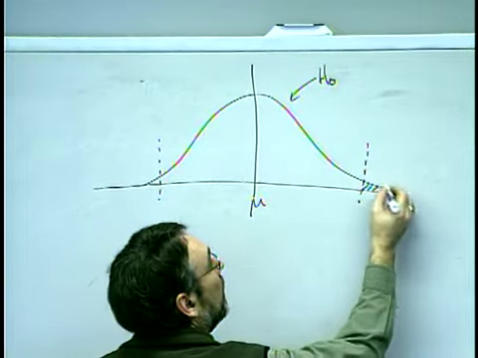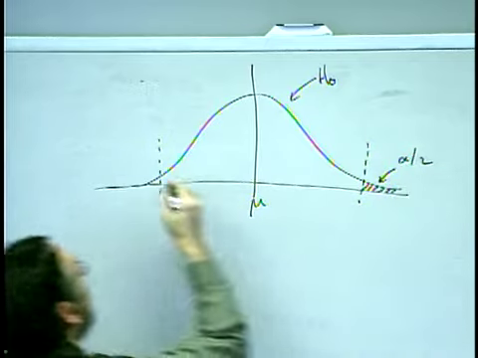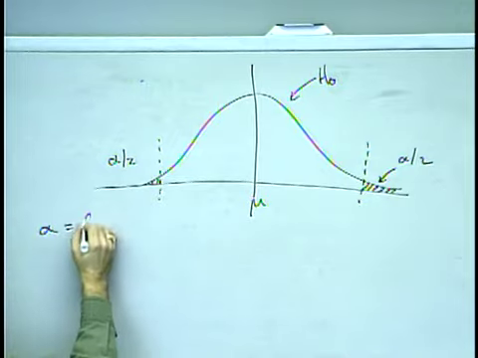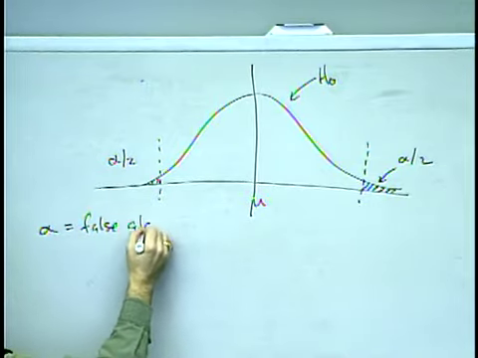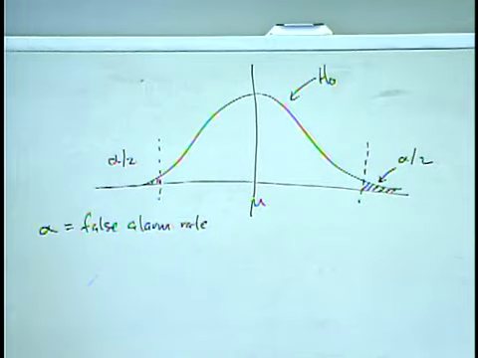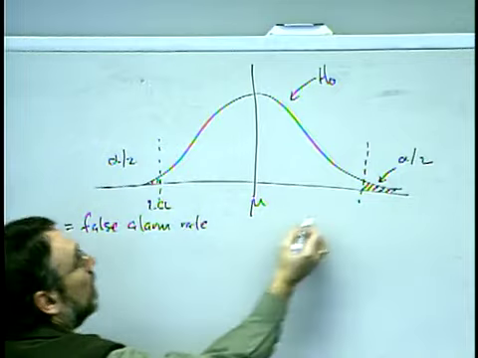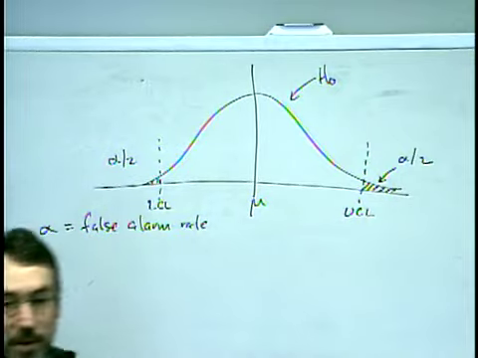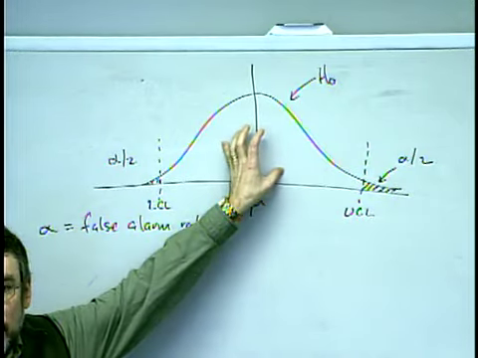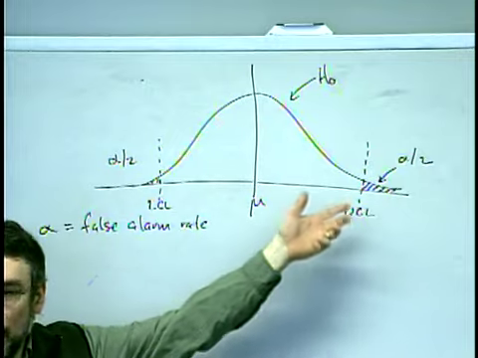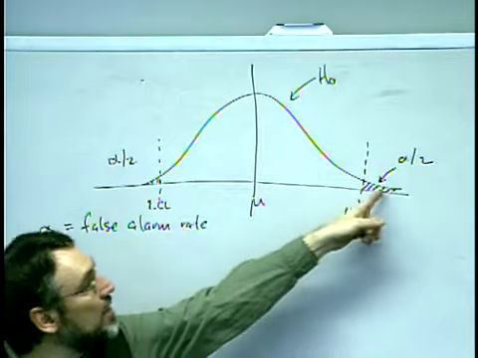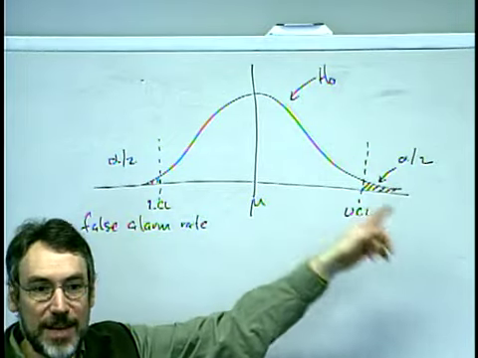Seems a little weird, right? But basically what we do is we assign, if alpha is our false alarm rate, we put alpha over 2 in each of the two tails. Now that's based on this key idea that if we're in control, most of the time the data will be in here. Every now and then, just by random chance alone, even when nothing has changed, we're still in H naught, I do get an unusual point out in the tails.